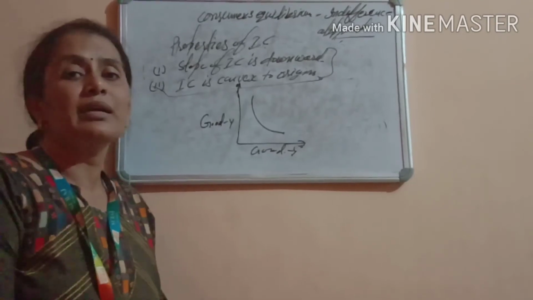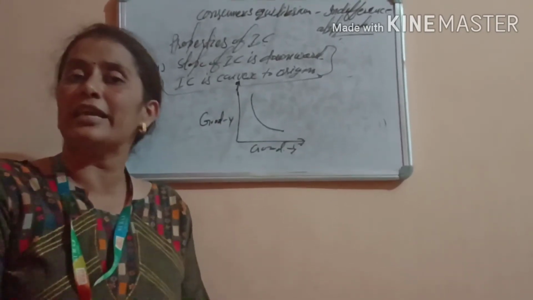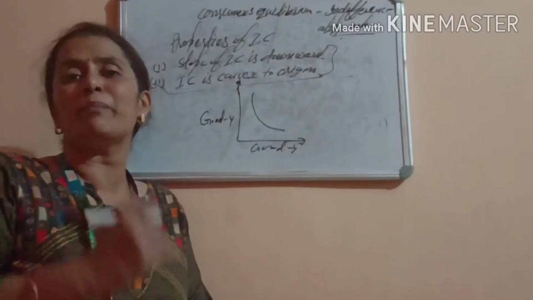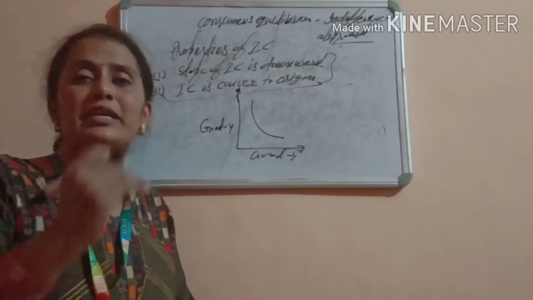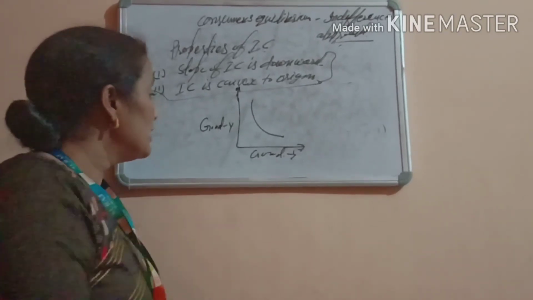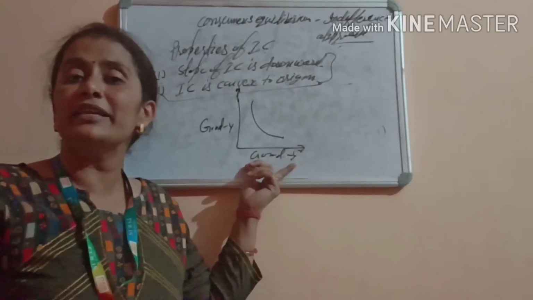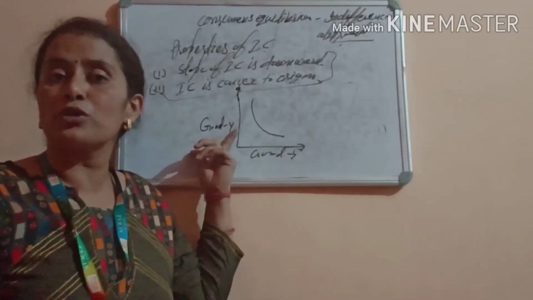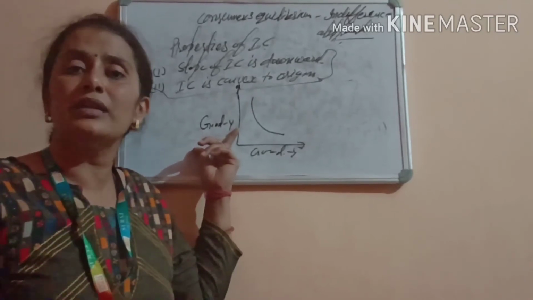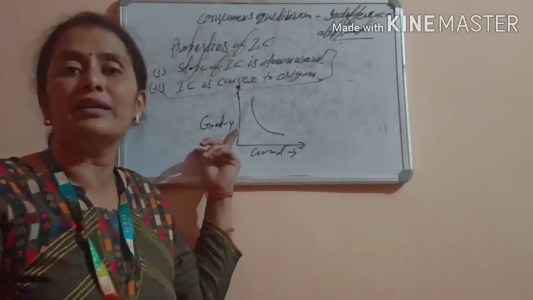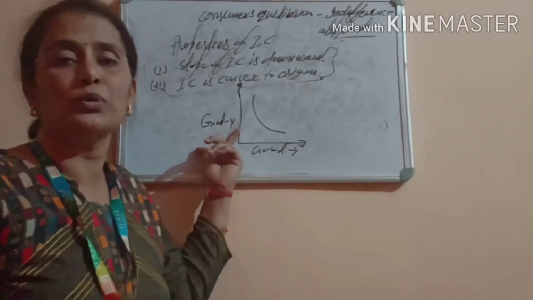It means the consumer cannot increase the consumption of both commodities at the same time. एक ही समय पर वो दोनों वस्तुओं के कंजप्शन को एक साथ इंक्रीज नहीं कर सकता. So if he wants to increase the consumption of good X, then he sacrifices the consumption of good Y. So the slope of IC is downward. This is the main reason. It means negatively sloped, left to right या downward slope होता है.